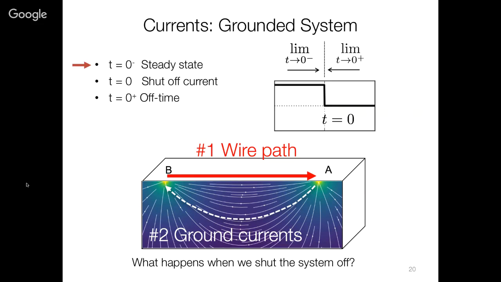There's going to be a response of the Earth to try to keep that magnetic field the same. So it effectively transfers the current that was in the wire to the Earth. There's now an induced current in the Earth traveling along that same path.